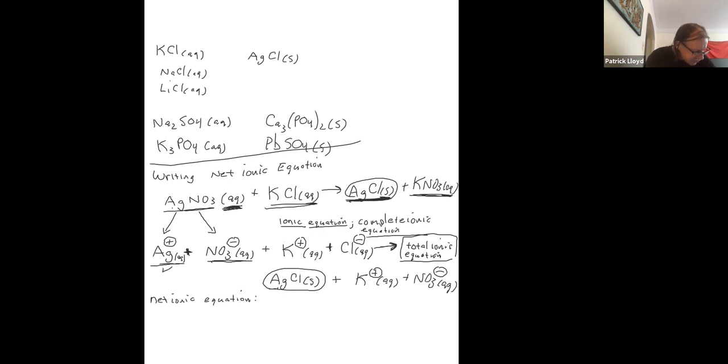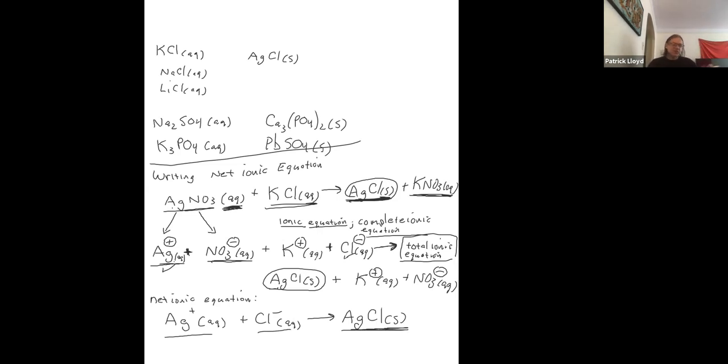Well, it was the silver and the chloride. Those are the two ions that were used to form that solid. So what we do is we just pick those ions that made the solid. We write them as reactants, just like we did over here, and then we write the product on the product side.